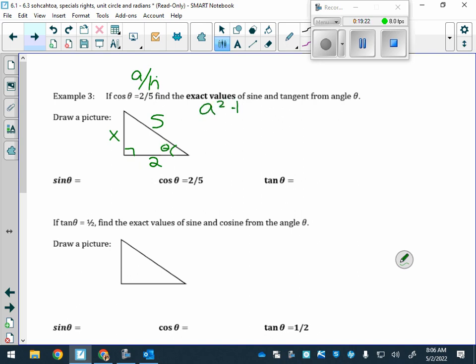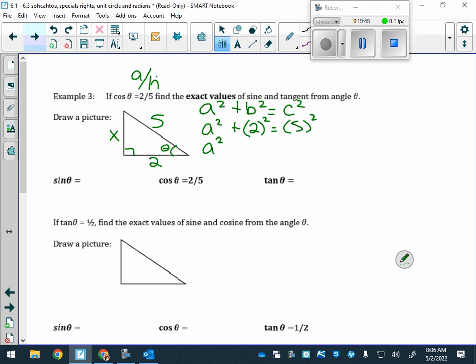So, all right, remember your C is always your hypotenuse, A and B are your side lengths. So we're going to use, let's say, A squared plus our B, which is 2 squared, equals 5 squared. Okay.